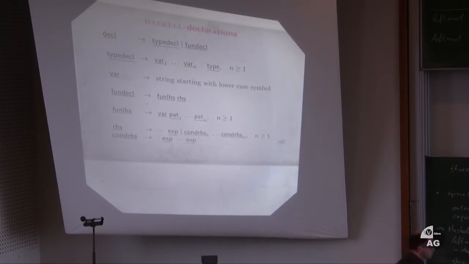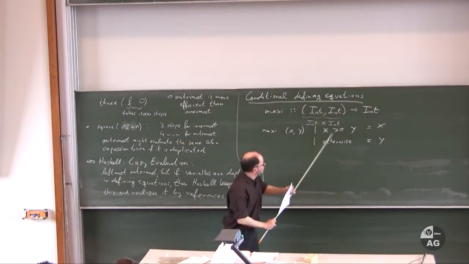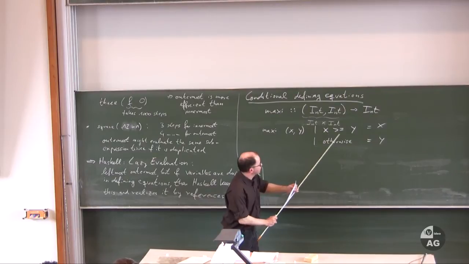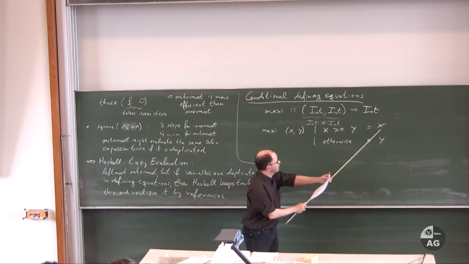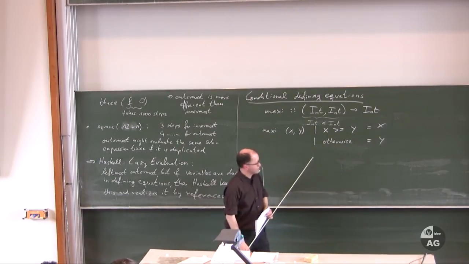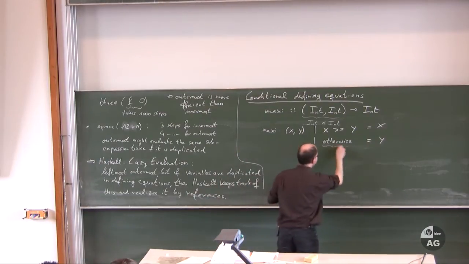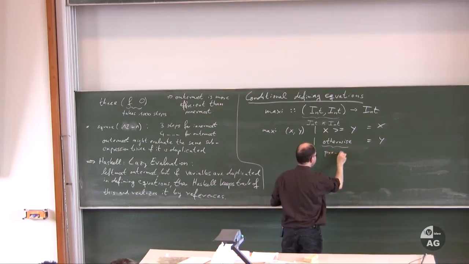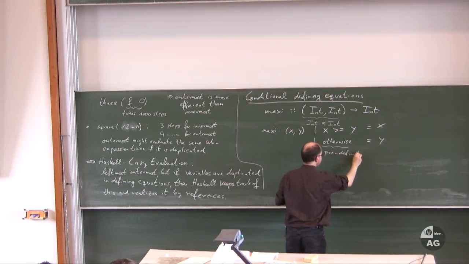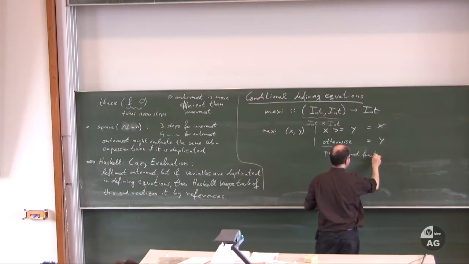So this corresponds exactly to this definition. We have a vertical bar, then a Boolean expression, for example x greater equal y, then an equality sign, and then the expression, which is the result. And this otherwise here is a predefined function that always returns true.